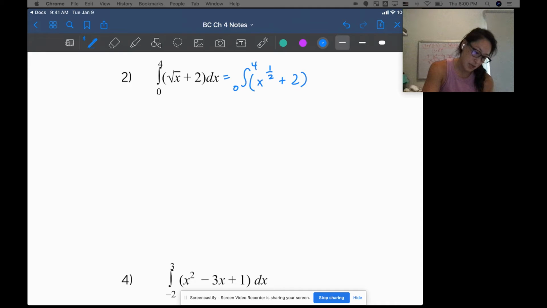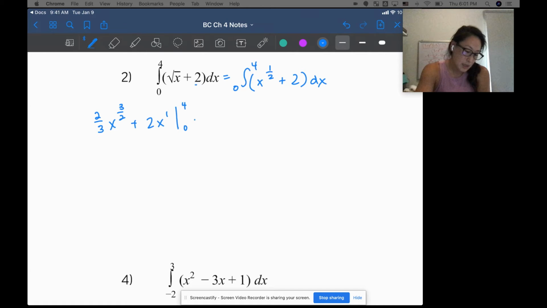Raise the power to 3/2 and divide by 3/2, which is the same as multiplying by 2/3. Then the antiderivative of 2 is 2x to the first power divided by 1. Then we evaluate from 0 to 4.